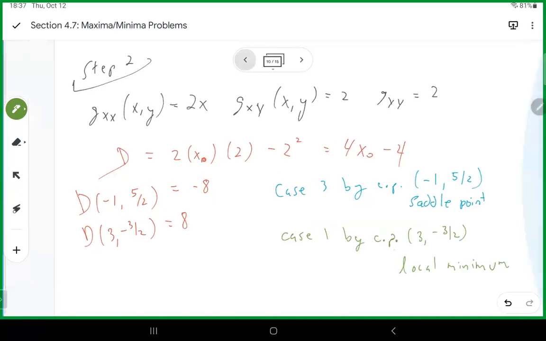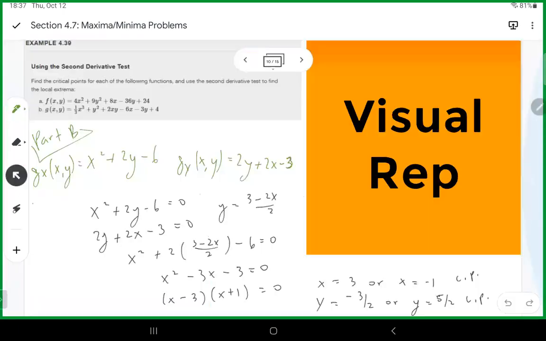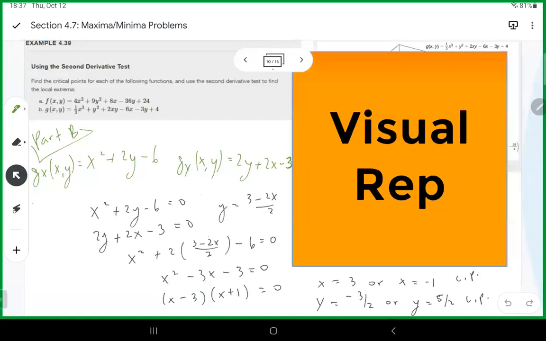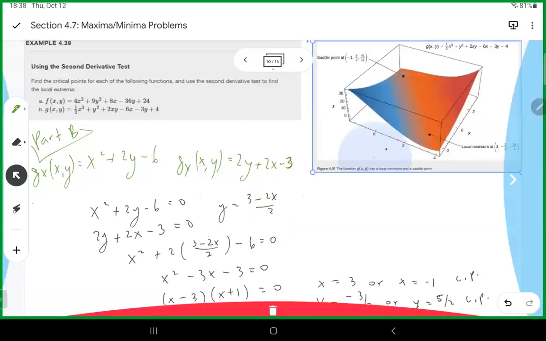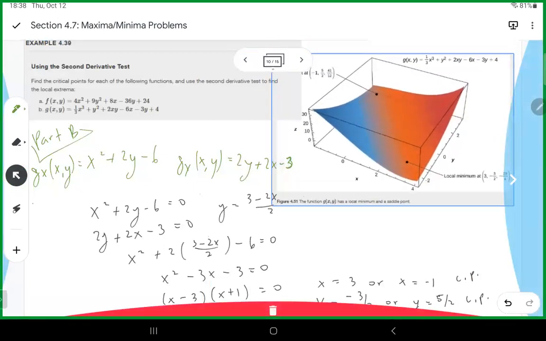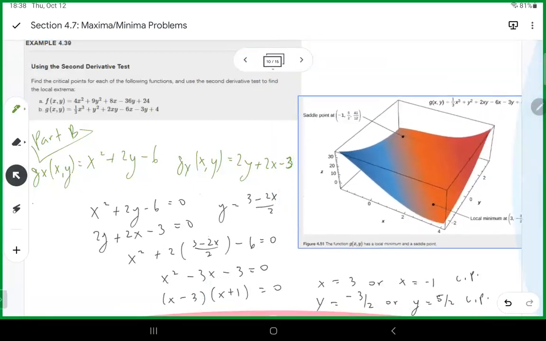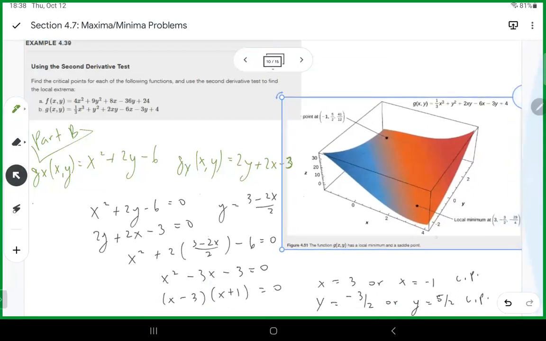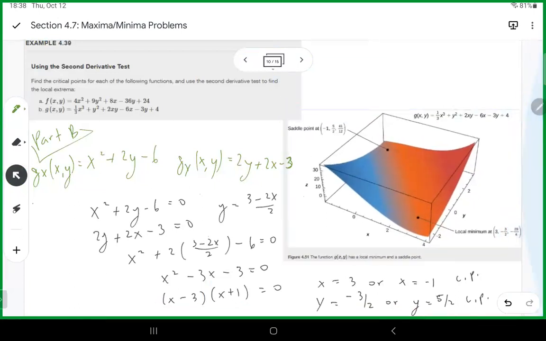All right, so here is your visual. Try to get it in here so you can see it all. There you go.